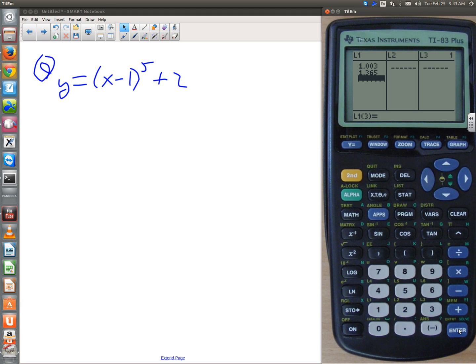I don't know why. 1.769 seconds it took to fall 50 feet. Okay. 2.093 seconds it took to fall 70 feet. And 2.238 seconds it took to fall 80 feet.